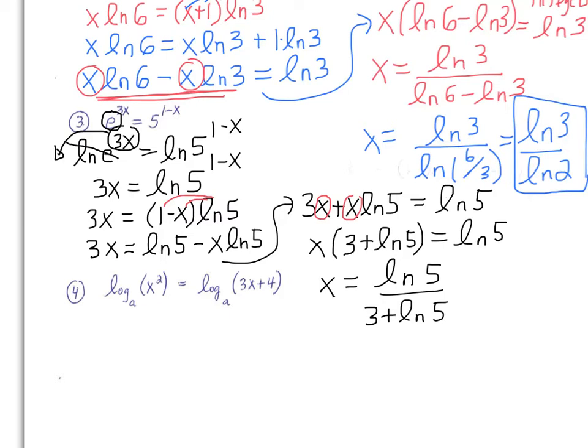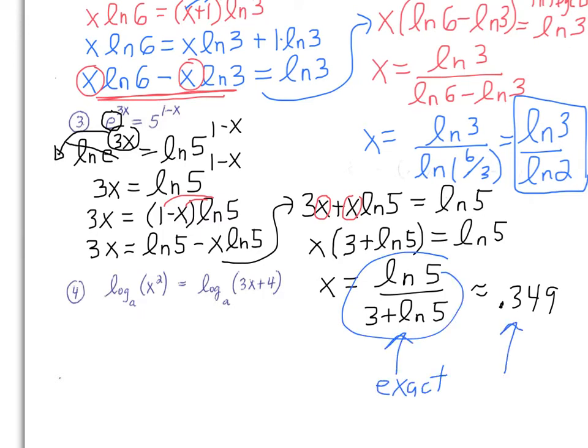Or if it asks us to find an approximate solution to 3 sig figs, that'd be 0.349. Okay, so please make note that this answer is exact, and this answer is an approximation. Okay, it's not exactly 0.349. There's other digits. Okay, that's just an approximation.